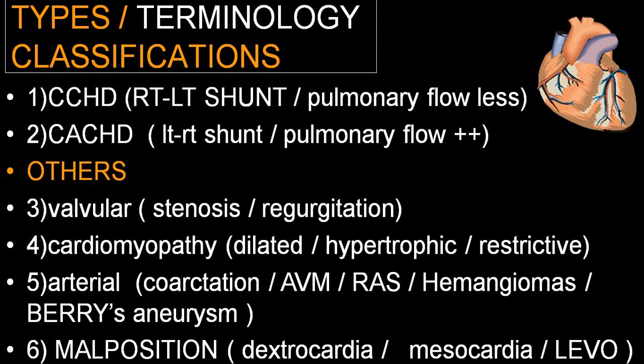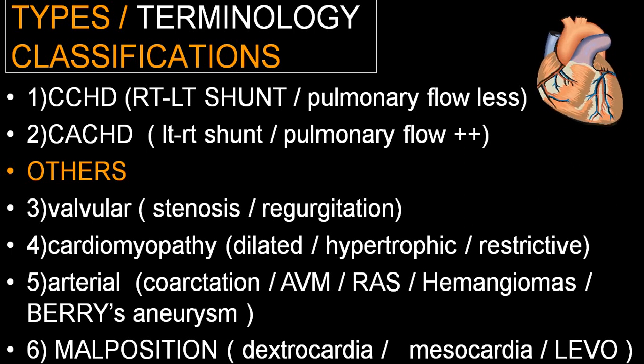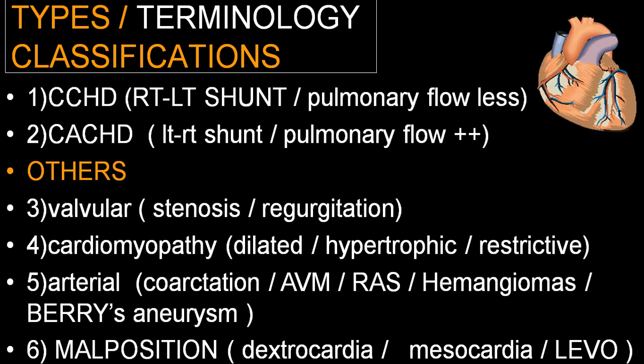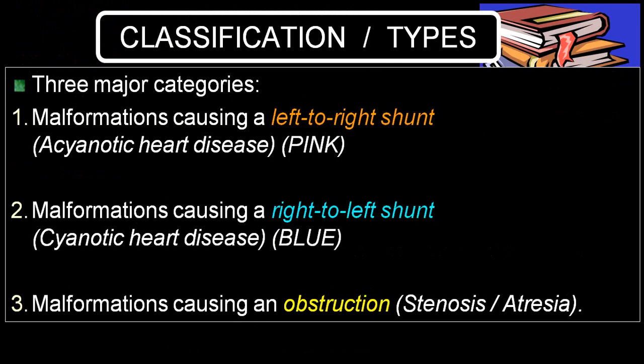And dextrocardia with situs solitus and other groups, Kartagener syndrome, etc., is almost always associated with congenital heart disease. So these are the terminologies being utilized.